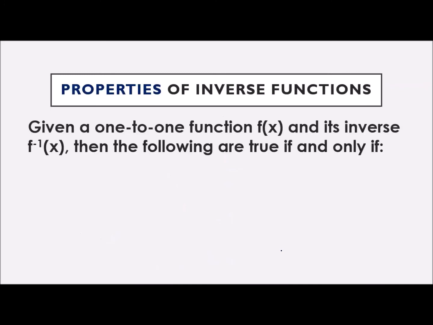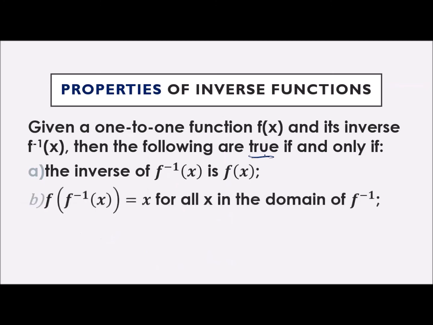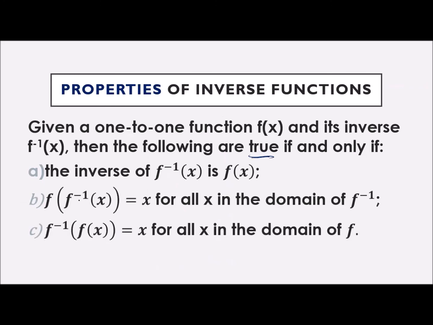Given a one-to-one function, f of x, and its inverse, then the following are true. If and only if the first one, the inverse of a function is f of x, at totoo naman po yun na ang mga nakuha natin kanina ay mga functions. Then, pagka daw kinuha natin yung composite functions ng inverses, ay dapat mag-equal daw kay x.